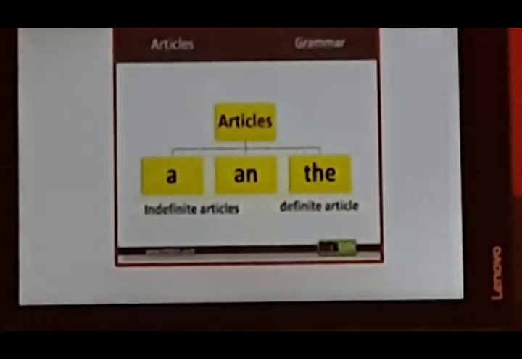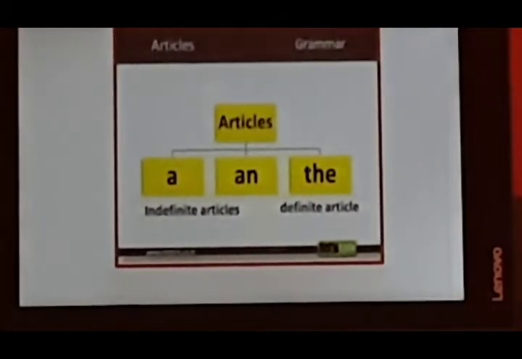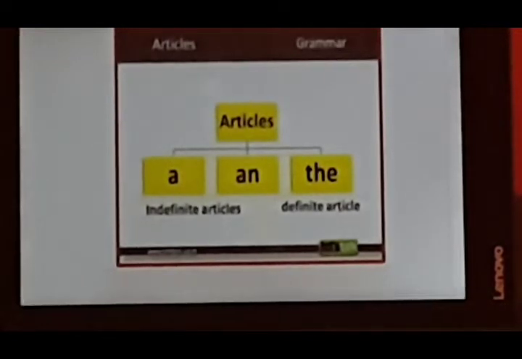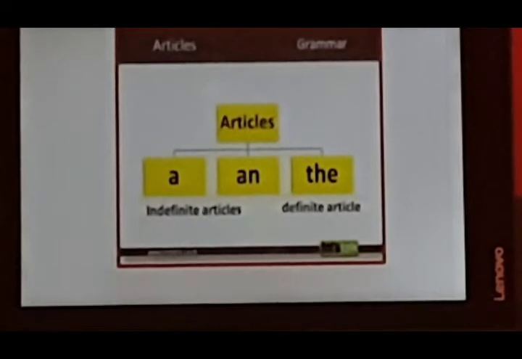A and an are indefinite articles because they are used with just any noun. There is nothing definite in them. So they are used with any common noun. Whereas the definite article the is used with something specific, or where we have something particular in a noun.